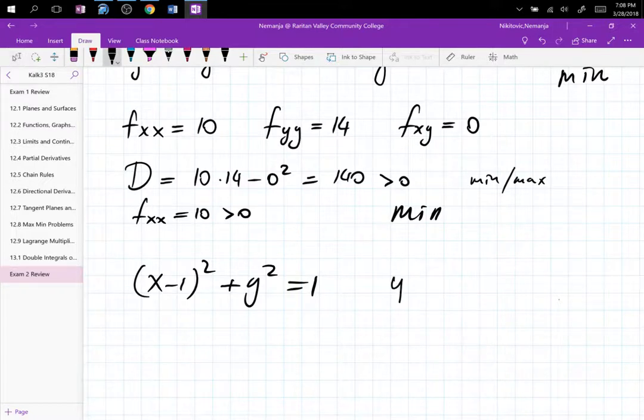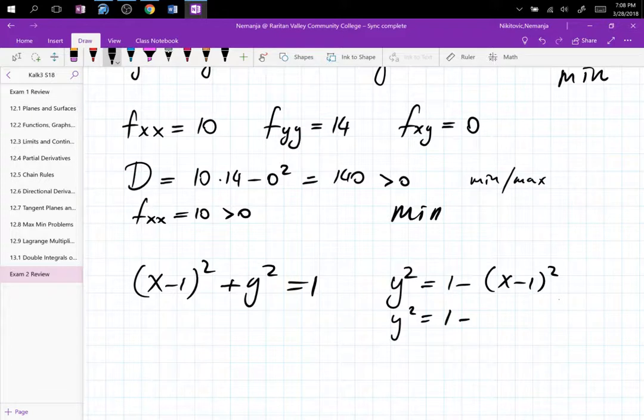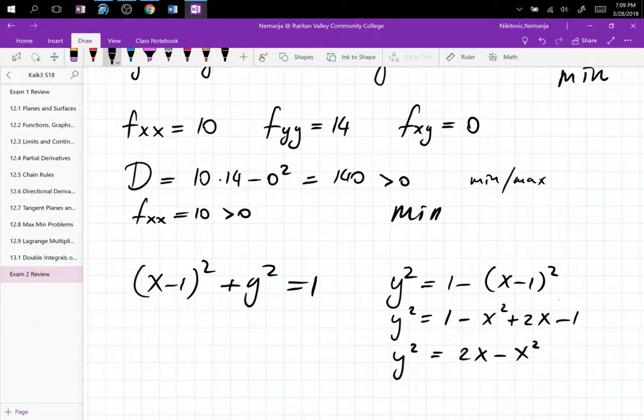From here, I can solve for y squared, and I will get 1 minus x minus 1 squared, which I can further expand into 1 minus x squared, minus in front is plus 2x, and then plus 1 minus 1. So this thing is actually 2x minus x squared, right, when you simplify everything.